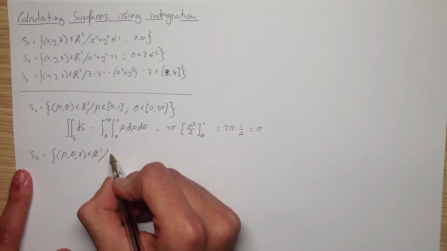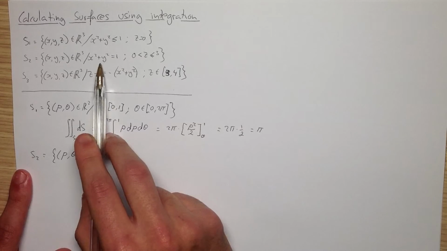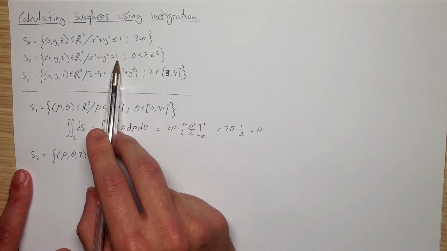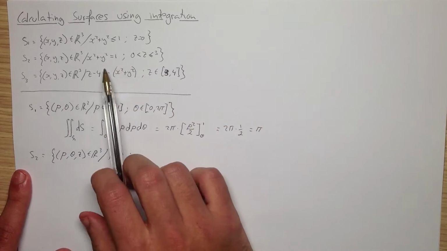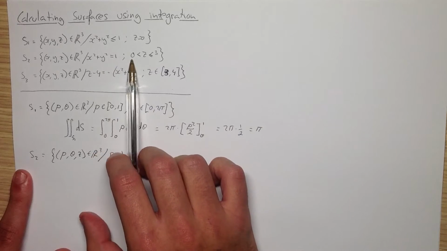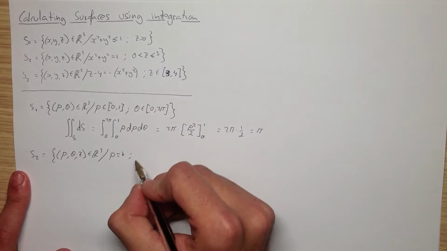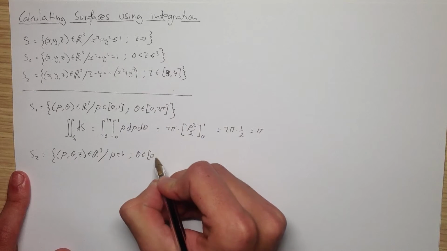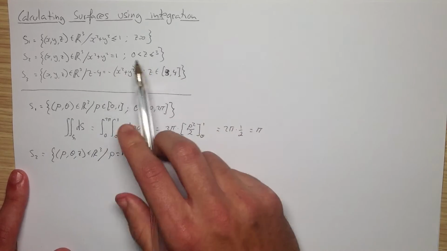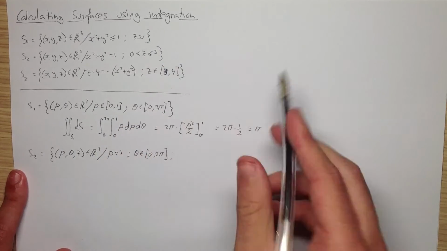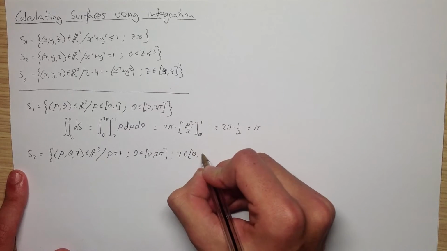So, rho in this case is 1, as the radius of this circle is constant and is equal to 1. Again, as theta does not appear here, it means that it's a revolving surface. So theta can take any value from 0 to 2 pi. And finally, it says that z goes from 0 to 3. So we put it here, in the interval from 0 to 3.